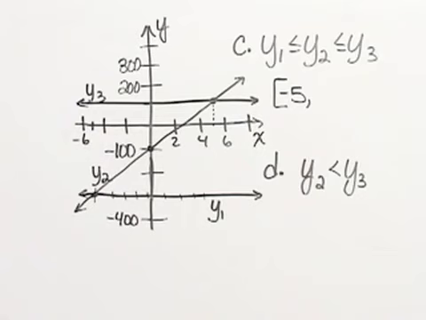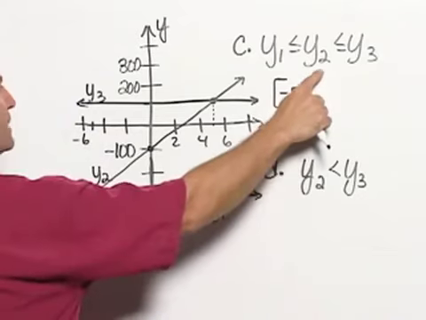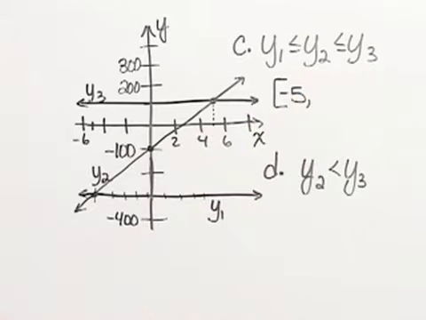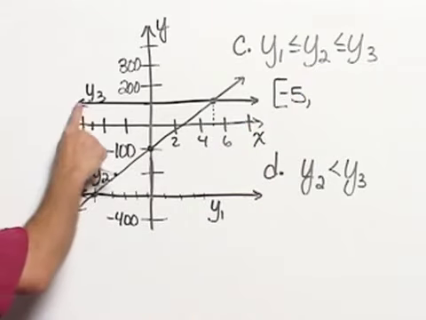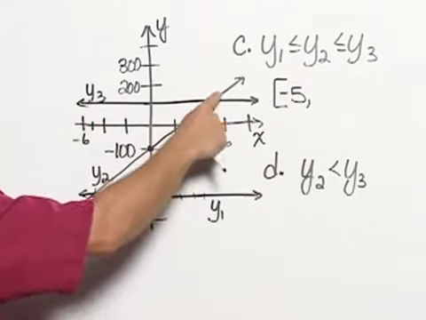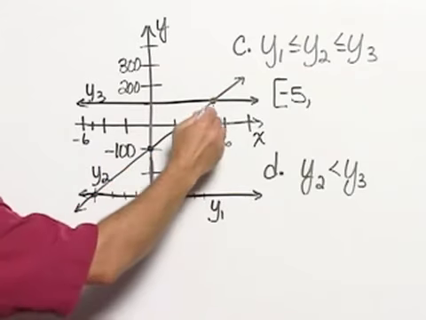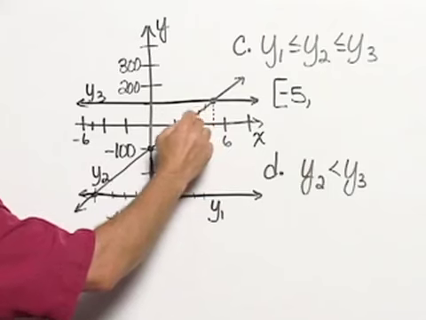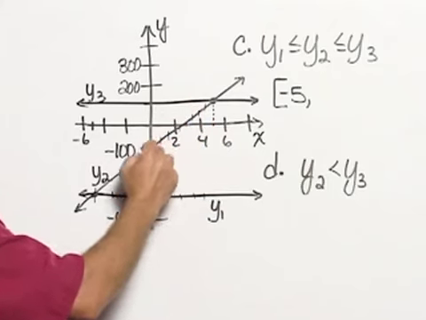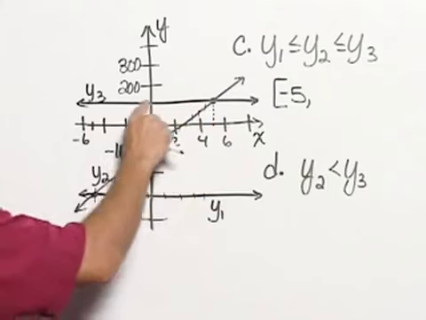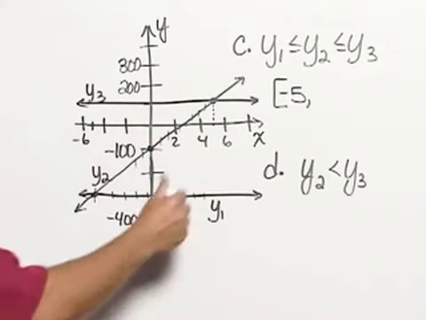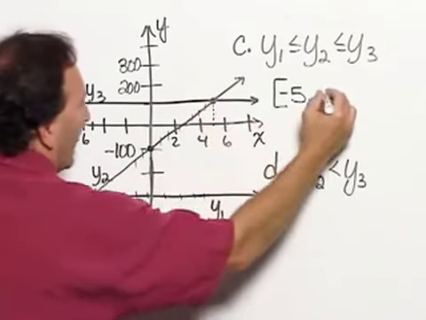For the second part of the inequality, we're interested in, when is y sub 2 less than or equal to y sub 3? Well, here's y sub 3, and here's y sub 2. And so all of the values that are in here show that the value of y sub 2 is less than the value of y sub 3, right up until they're equal at 5.